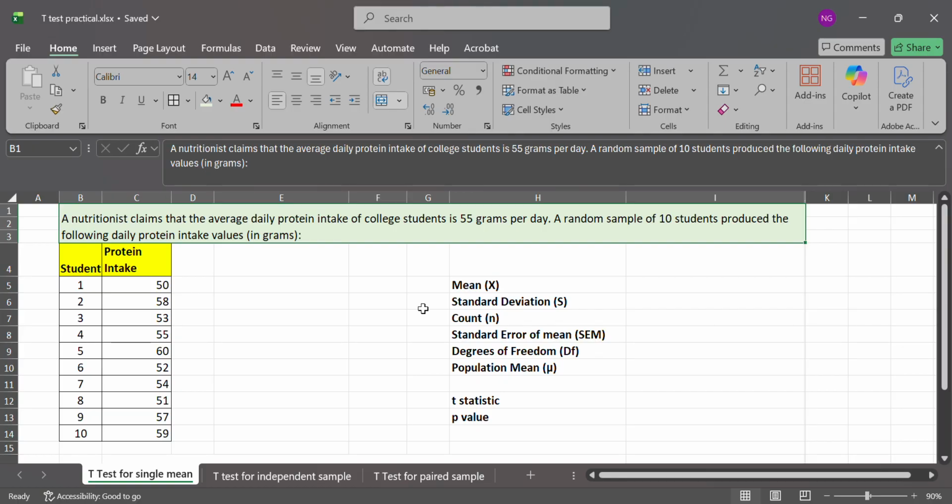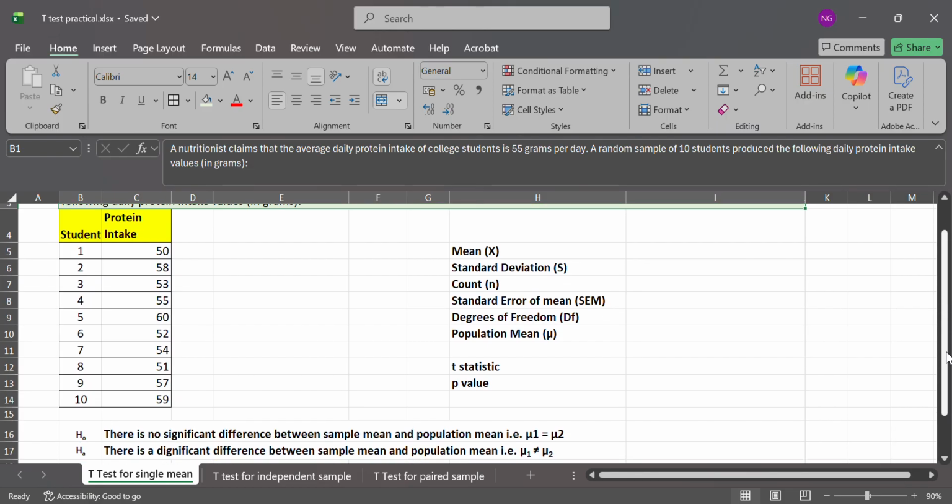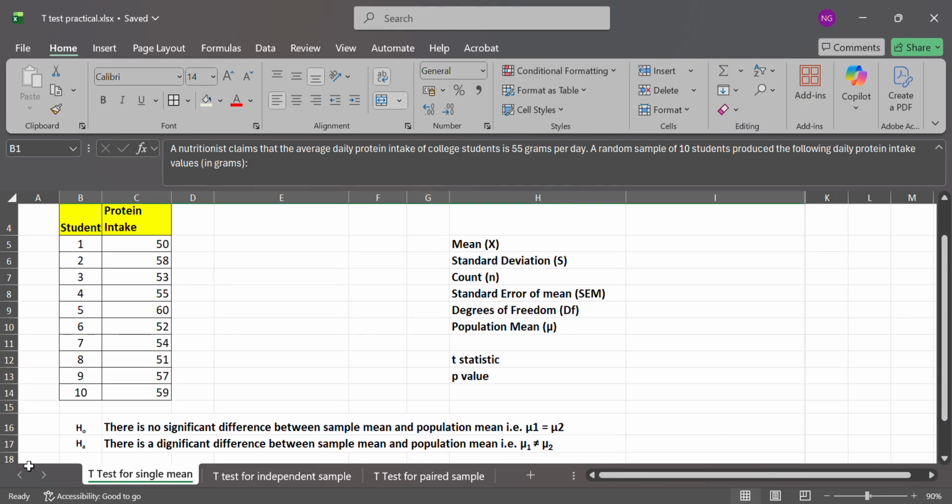So now we have to test whether the mean of these 10 students is same as the average population mean, which is given to us as 55 grams per day. So for this we are going to apply one sample t-test. Firstly we are going to write down our null hypothesis.